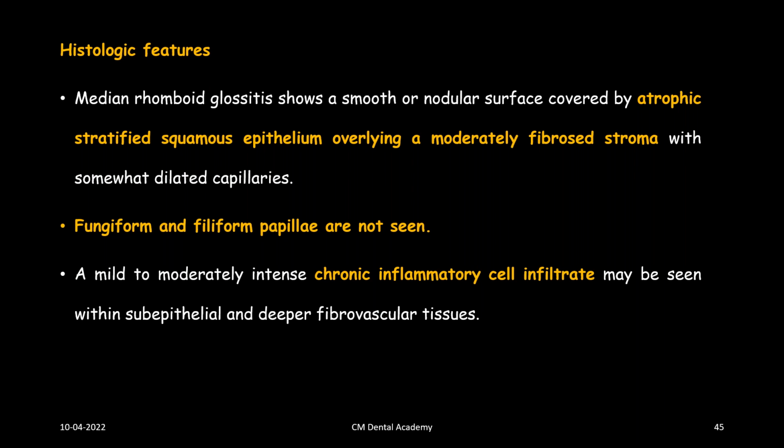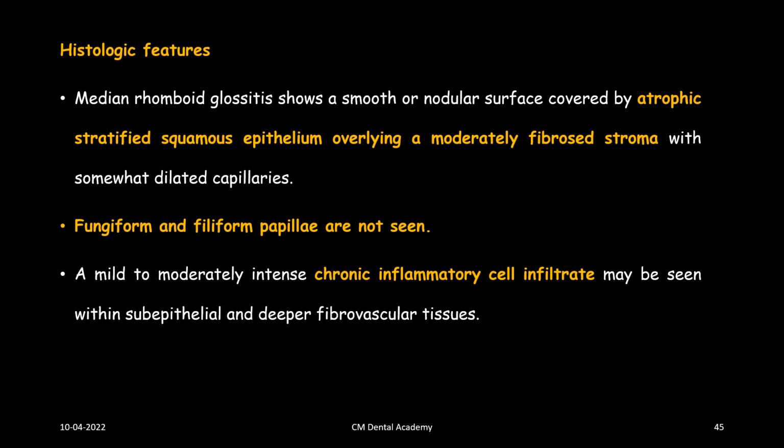Histological features. The median rhomboid glossitis shows a smooth or nodular surface covered by atrophic stratified squamous epithelium overlying a moderately fibrosed stroma with some dilated capillaries. The fungiform and filiform papillae are not seen.